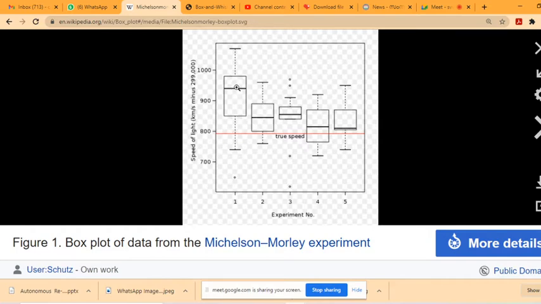And again we can plot the box plot of different sets of data. Suppose this is the data set of height of a district. This is the plot corresponding to the data set of another district. This is another plot for another data set, etc. So you can compare.